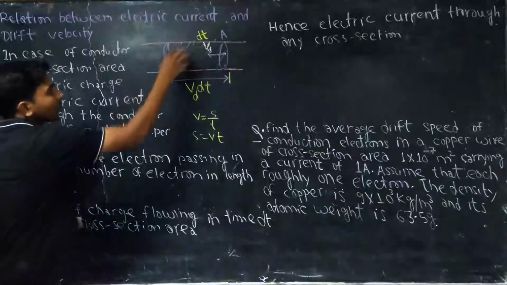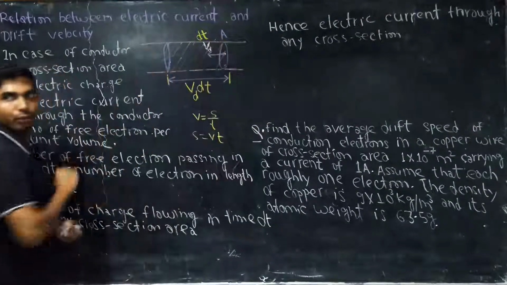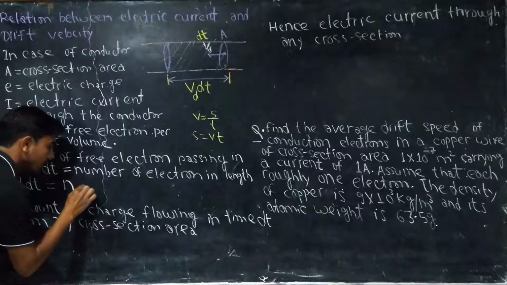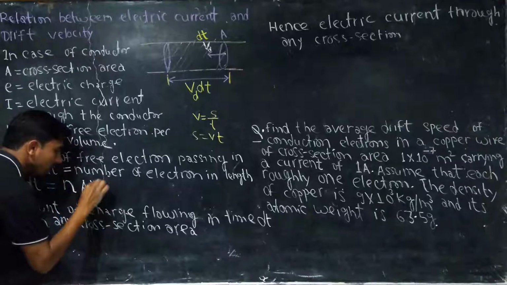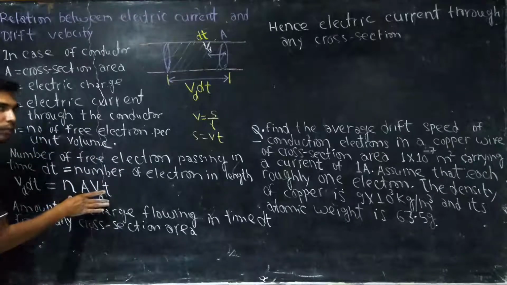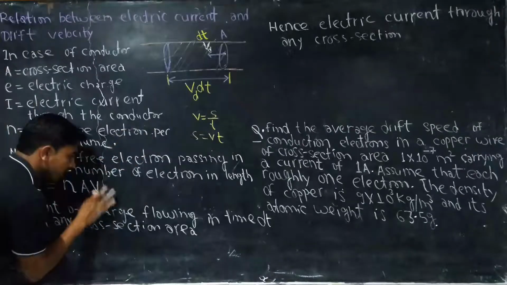And this is having how much volume? Length is given and area is known to you, right? So the number of electrons present in this will be how much? n A vd dt. So now you can see this number of electrons is n A vd dt.